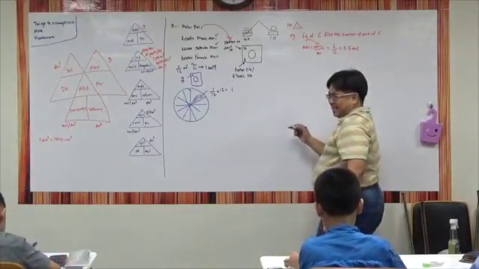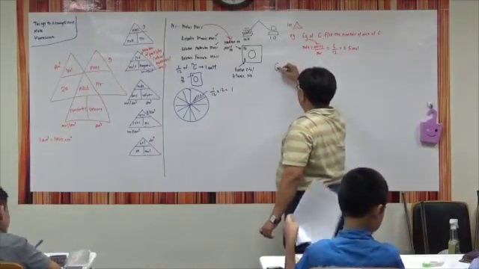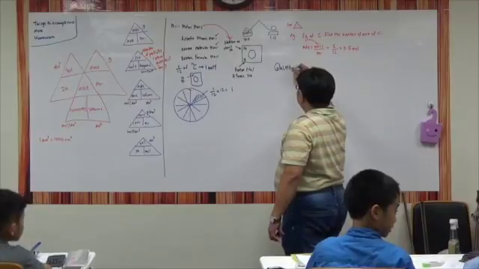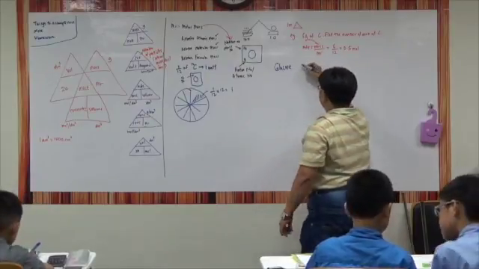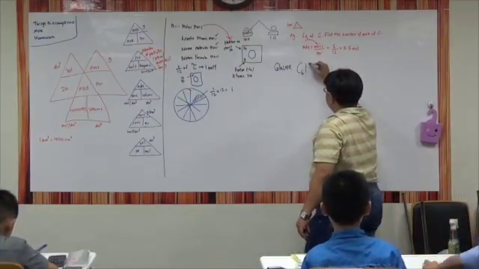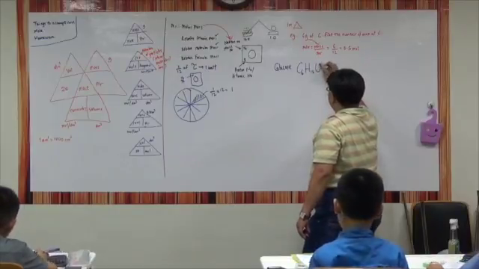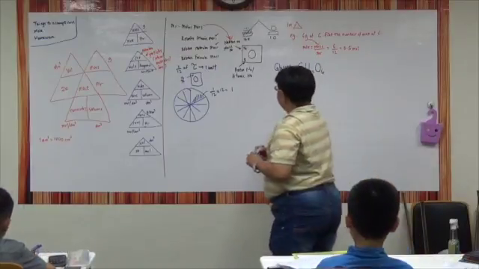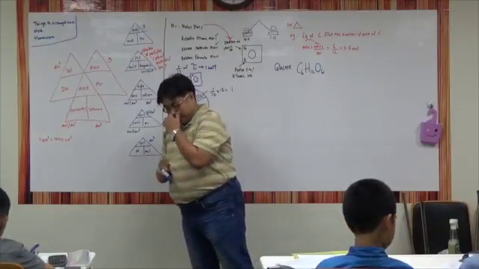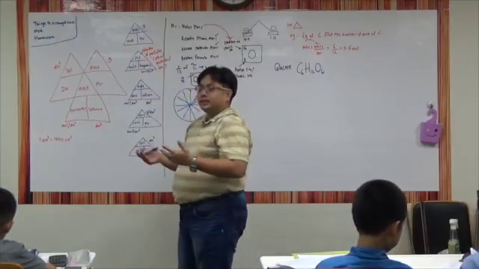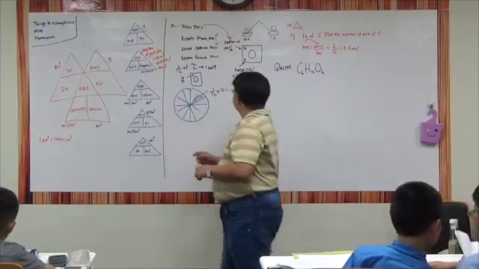I'll give an example. Let's say glucose, which is the sugar that we eat. We don't need to memorize it, I'm just going to give this: C6H12O6. This is the chemical formula of glucose. Glucose is a sugar, and we all love sugar.